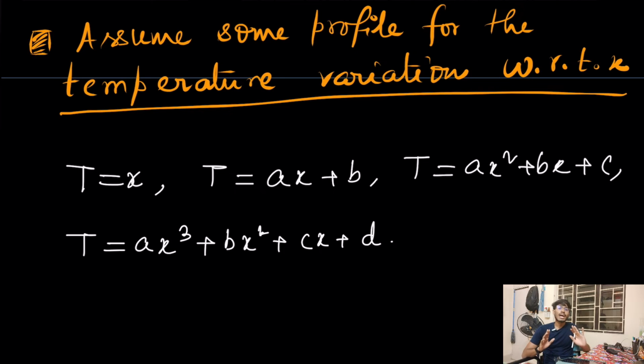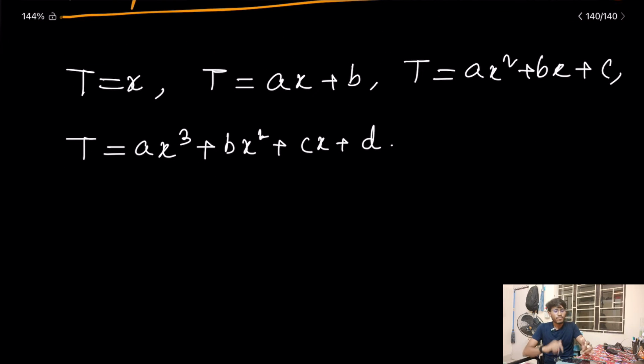So the criteria is you have to choose a temperature profile that will satisfy the maximum number of boundary conditions, and there is one more criterion: it should be a feasible temperature profile. The minimum amount of physics should be obeyed. What do I mean by that?